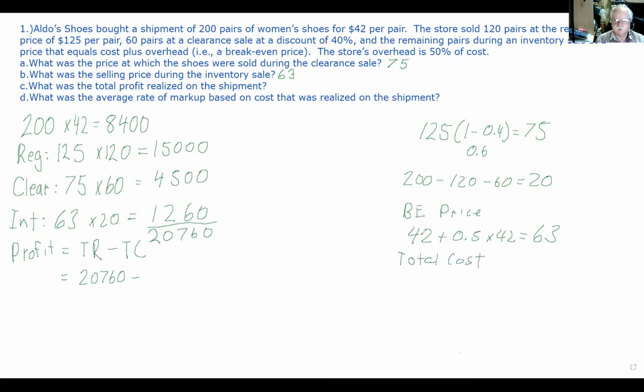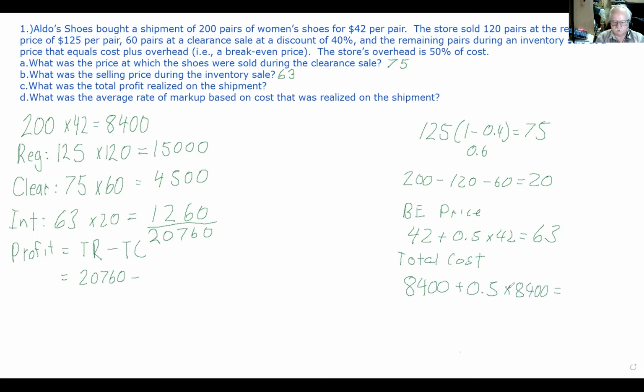It's going to be cost, which we've figured out to be 8,400, and their overhead. So this is now 0.5 times 8,400.